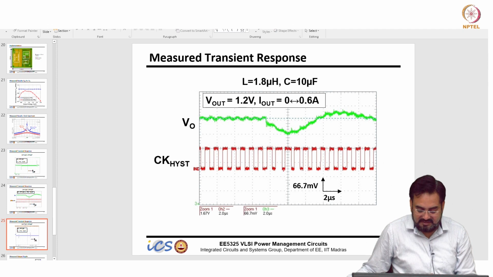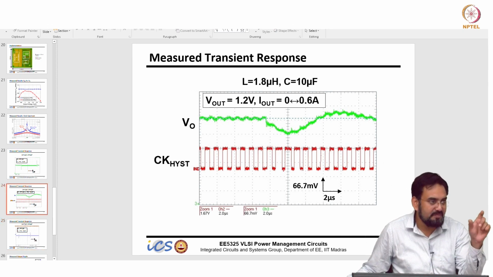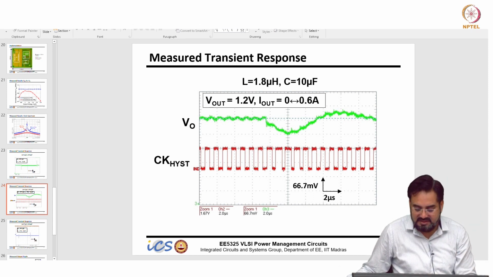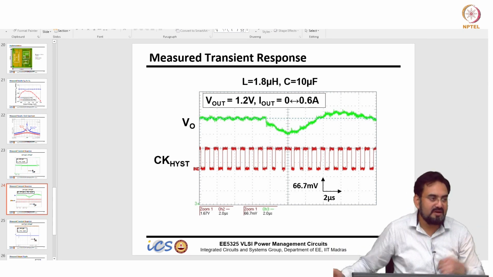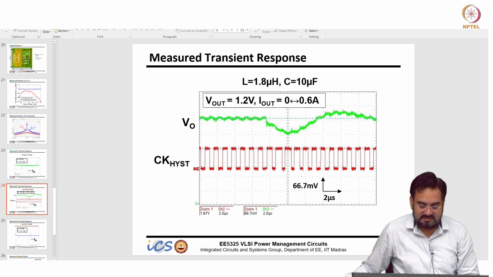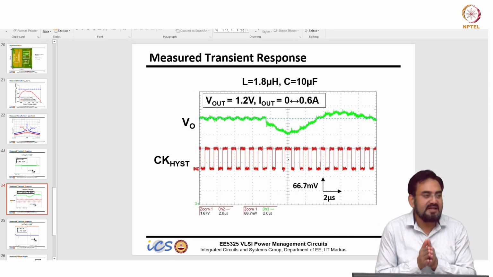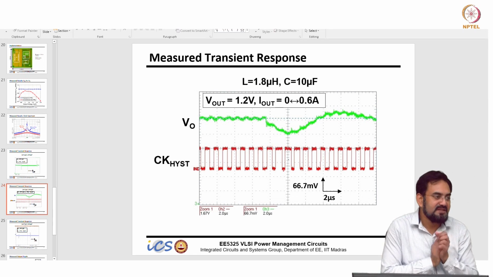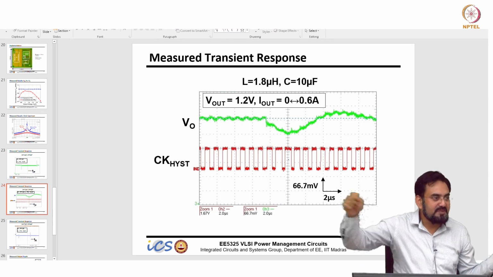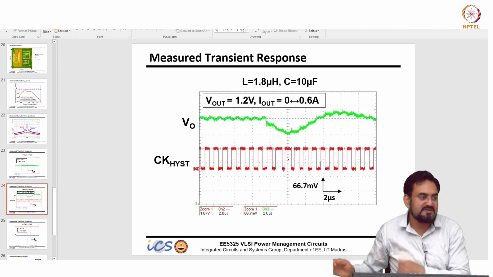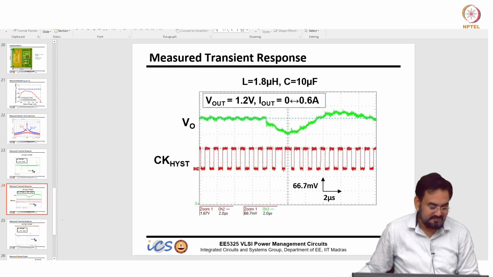And here I made the proportional path, which is controlled by up and down, the fine path a little bit stronger, otherwise you could have seen this guy on for a longer period. So this is still taking 2 to 3 cycles, so it is not exactly looking like a hysteretic. If you remember, in the hysteretic we had it completely on for a very long time until your inductor reaches, but it is taking a few cycles.